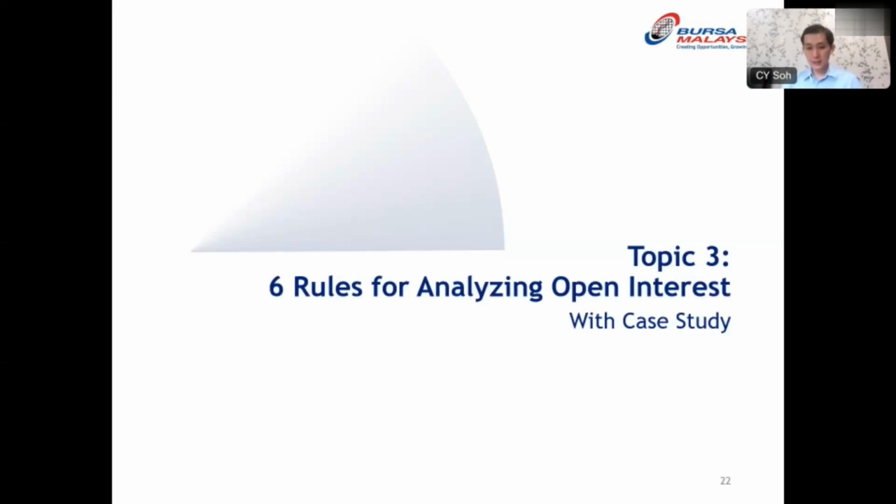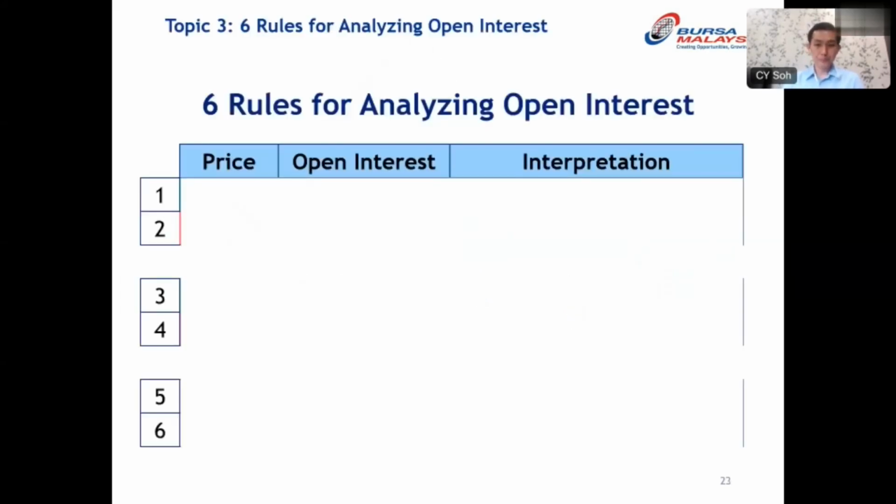Interpretation is an art, and like any other technical indicator, there is no 100% accuracy, because open interest is just another piece of information to be used as a secondary indicator. It can give you a different outlook about the market trend.